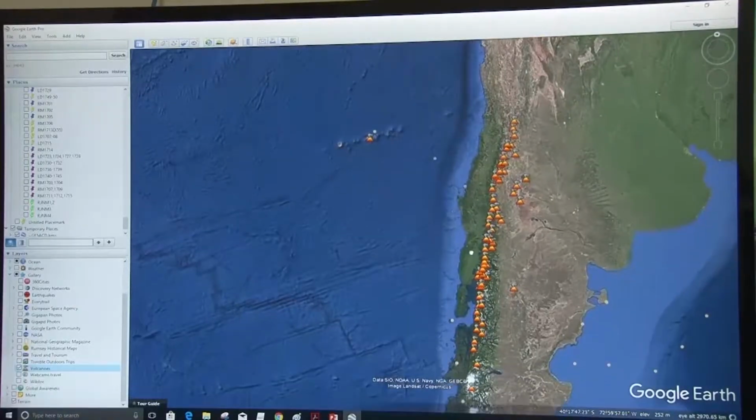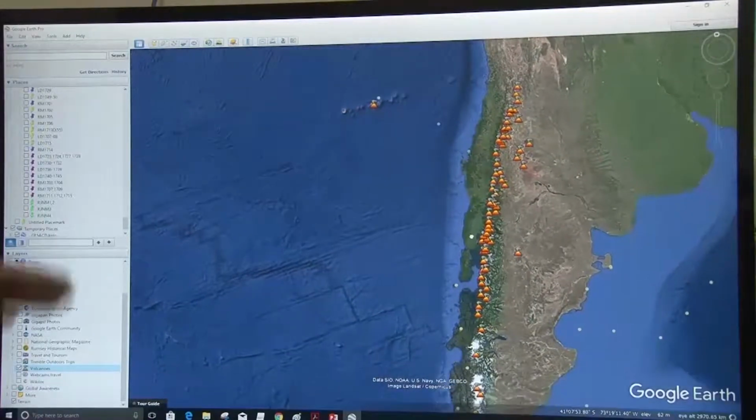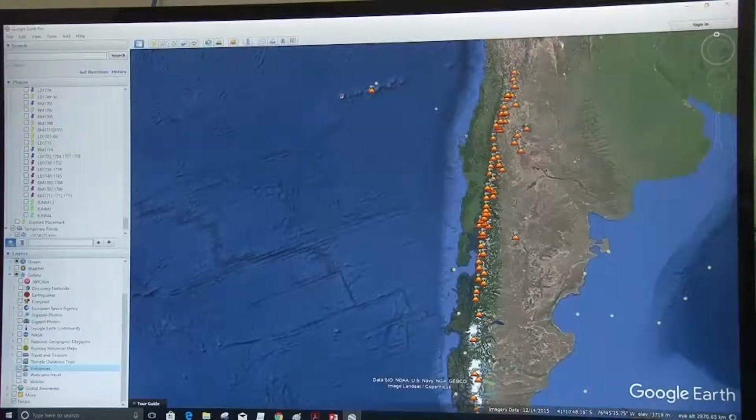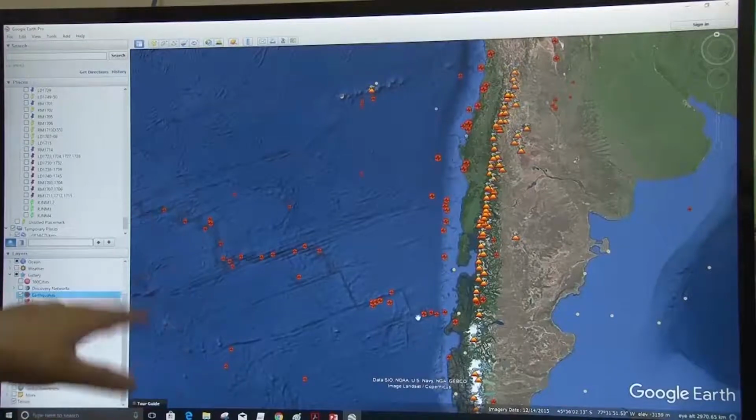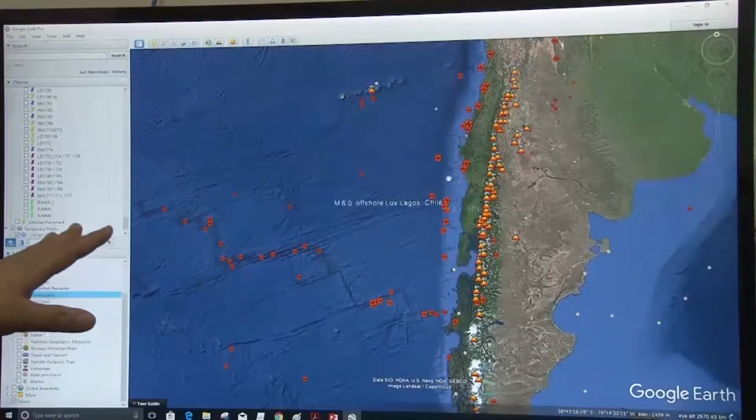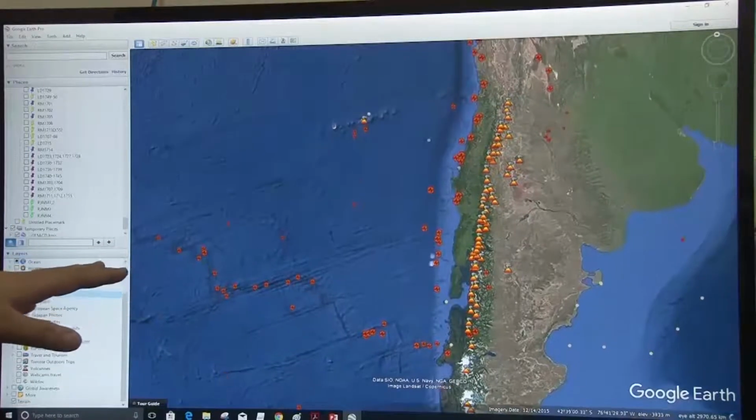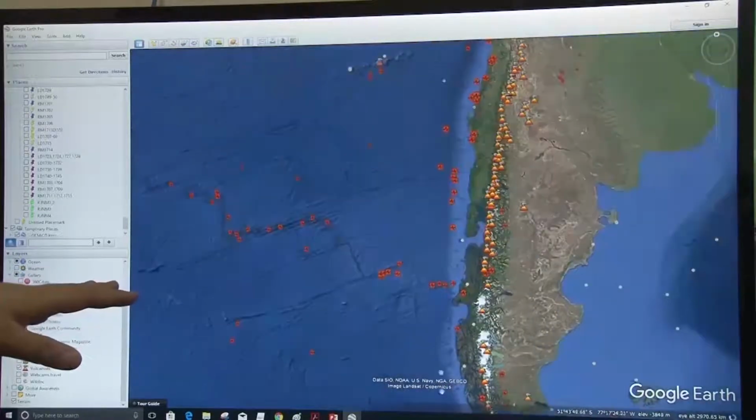Another important feature is the number of large magnitude earthquakes. If I click the earthquake option here, you will find these red dots, all showing the earthquakes all along the subduction zone boundaries.